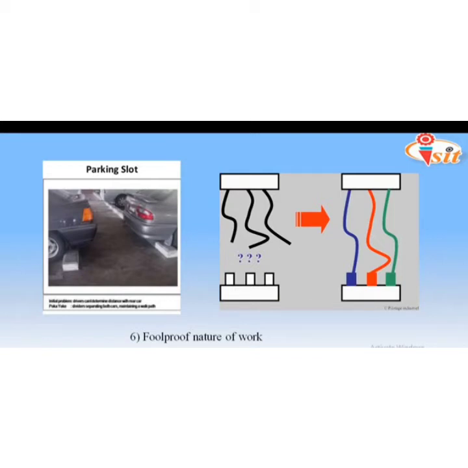We call this error proofing, or making the system foolproof. With the foolproof nature of work, any task can be completed even by unskilled laborers, and it will also help to complete the task in time with the least possibility of failure or mistakes causing loss for that activity. So this was about the foolproof nature of work.